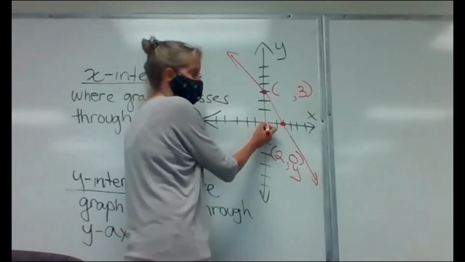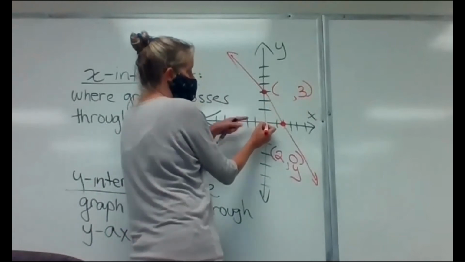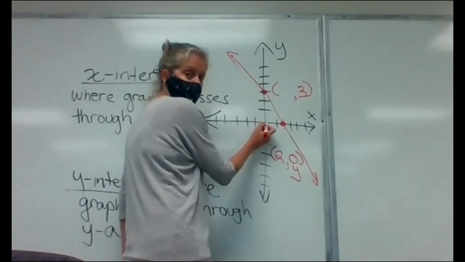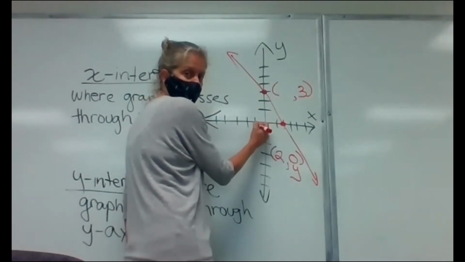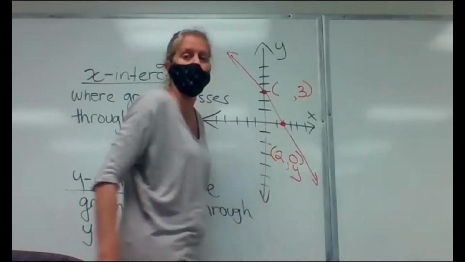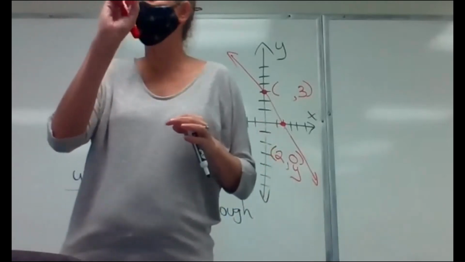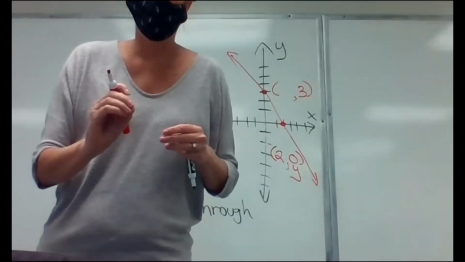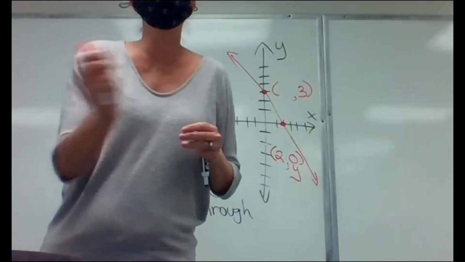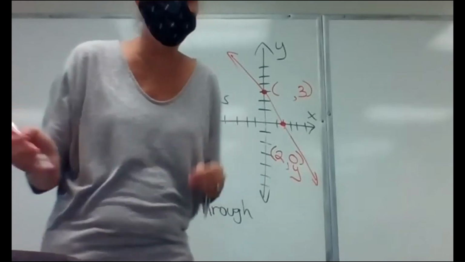What was your X coordinate? If you started at the origin and only went up, that means you didn't go to the left or right at all. What number in your X coordinate spot would tell you to not go left or right at all?